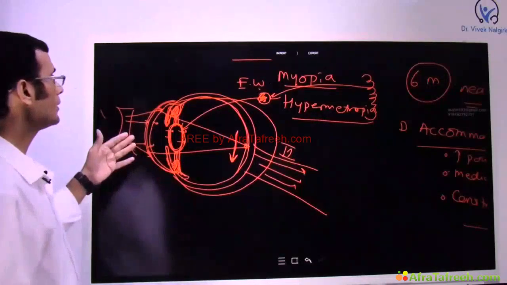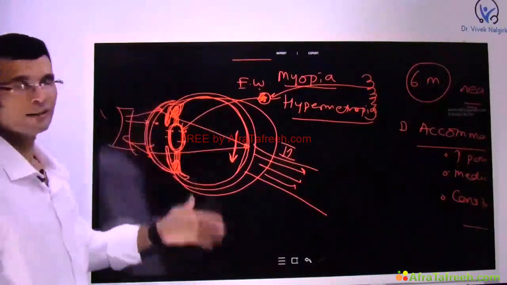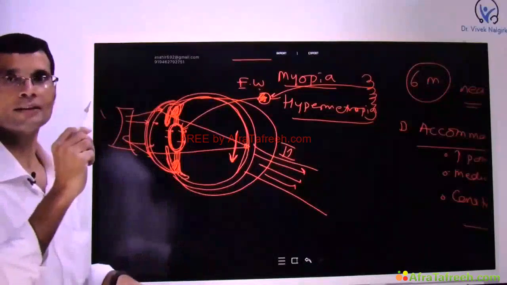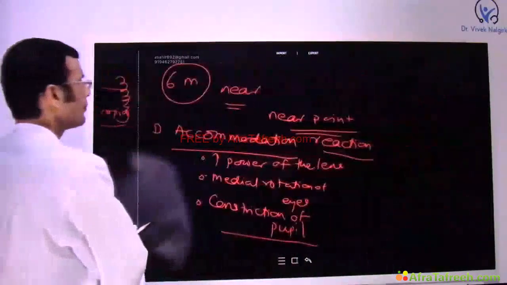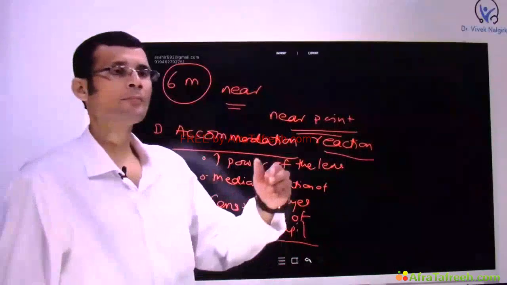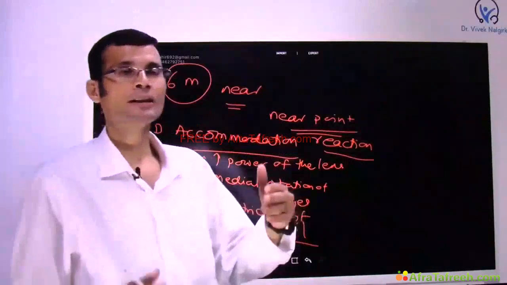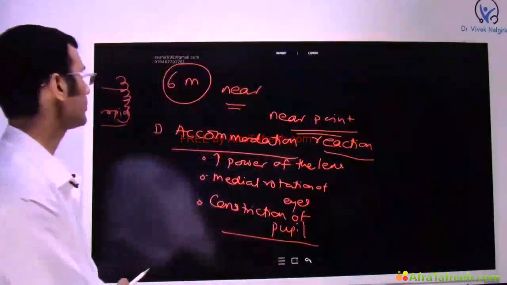There cannot be any further increase in the dioptric power of the lens, and therefore that's the maximum. Therefore that is the closest that the object can be seen clearly. So near point is that point of vision, and amplitude of accommodation is said to be the distance between the far point and the near point.